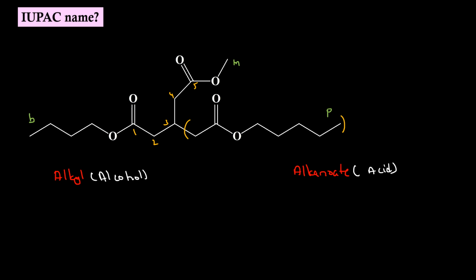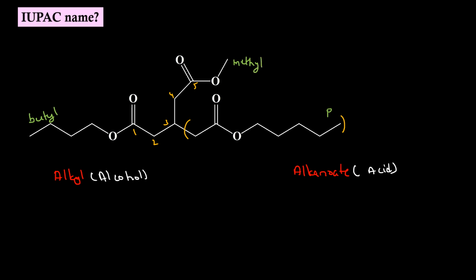First let us try to name the alcohol part. Now on the first carbonyl we have butyl. On the fifth carbonyl, the alcohol part is methyl.